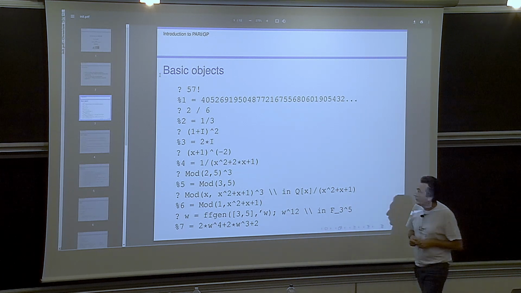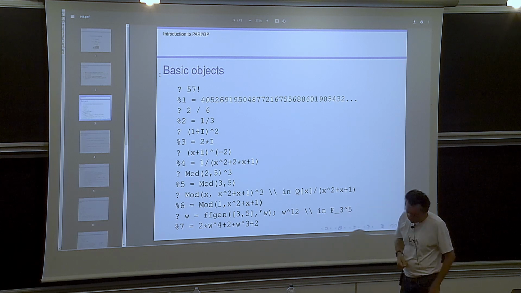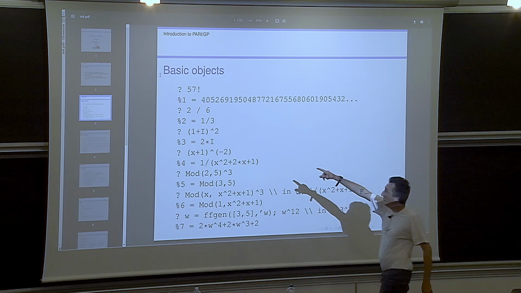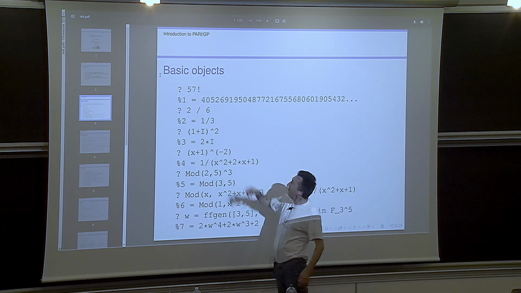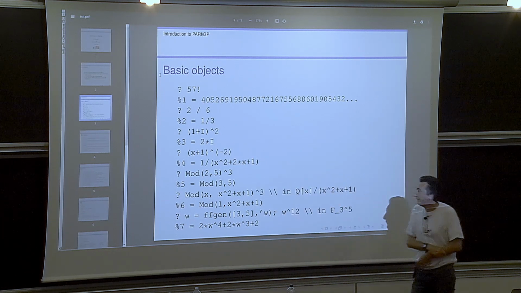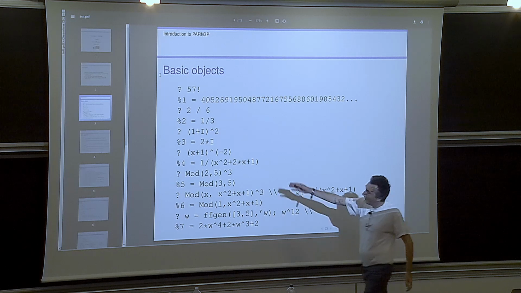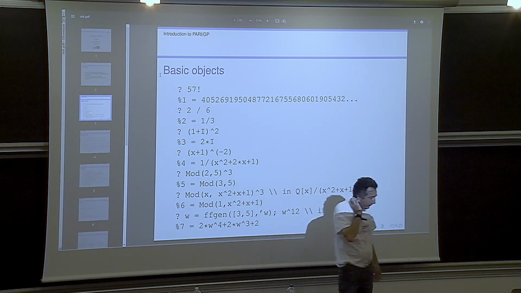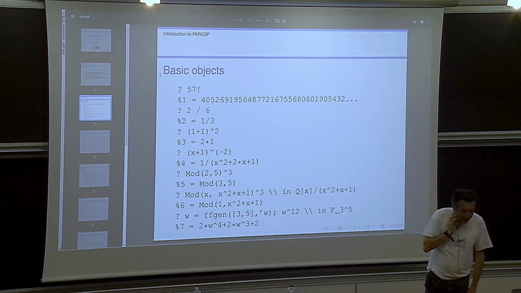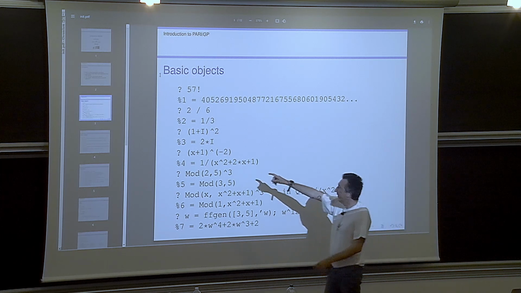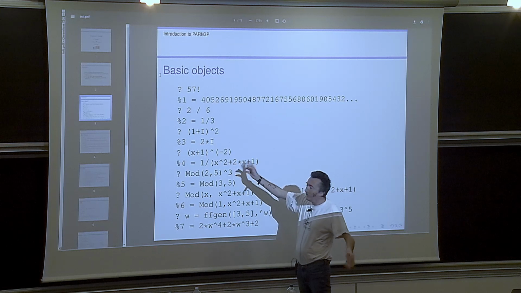The complex number square root of minus 1 is written capital I. You can have polynomials and rational functions. When you introduce a new variable, by default it is set to the monic polynomial in this variable. So since we didn't define x, we get that x is the polynomial x.